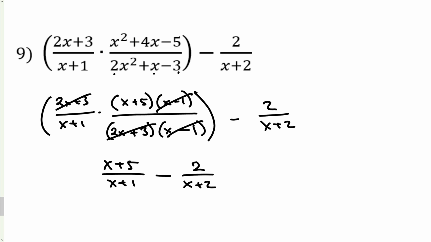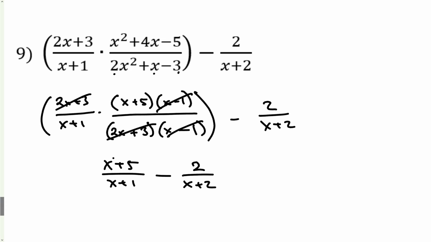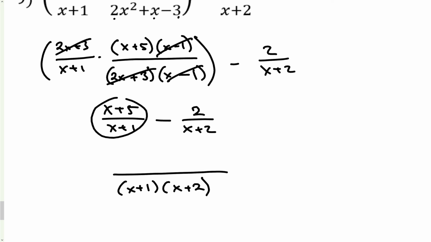In order to subtract two fractions, they must have a common denominator. So the common denominator here is going to be x plus 1 times x plus 2. Okay, so that means I need to multiply each expression by the piece of the common denominator that is missing.